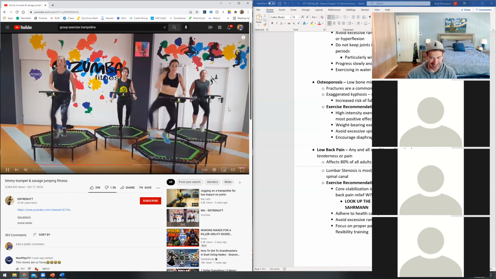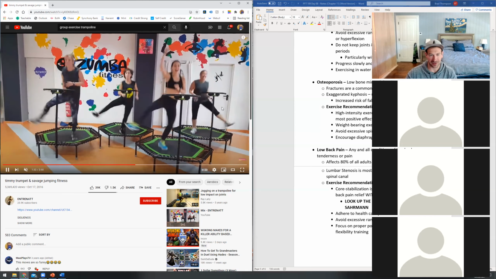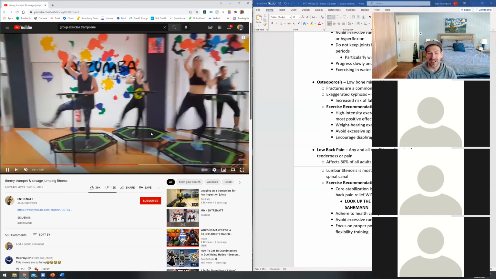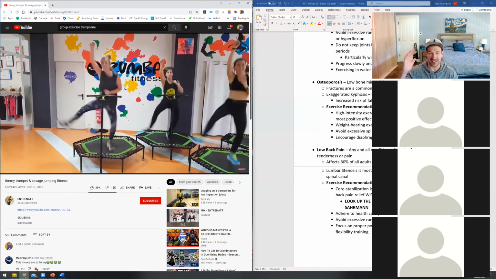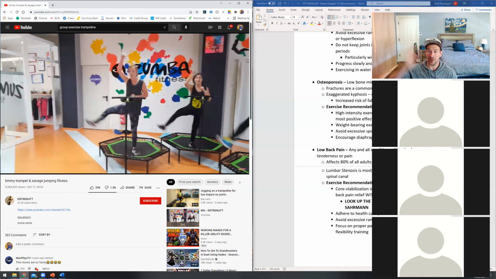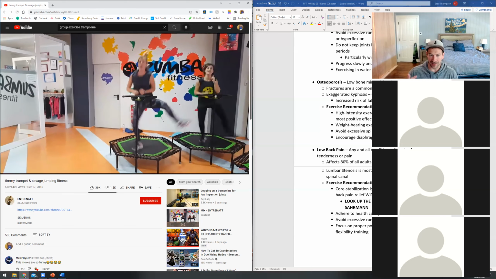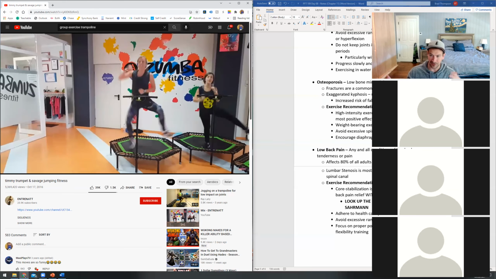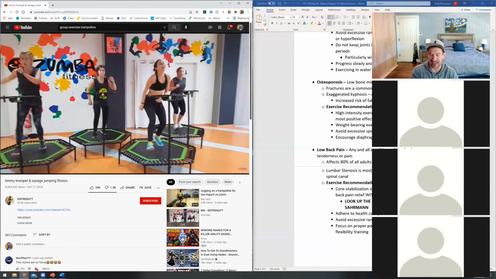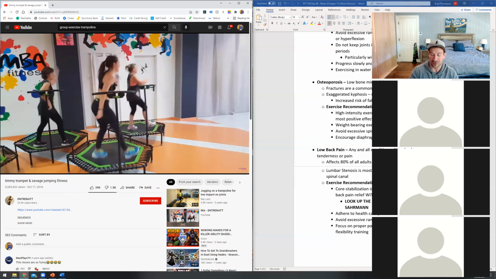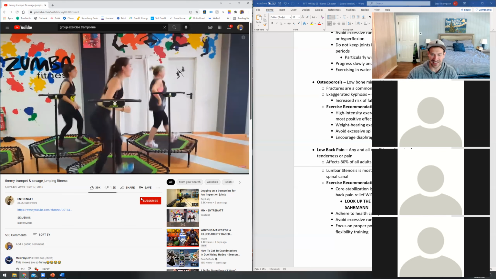And what's absolutely crazy, look at that, it's so goofy looking, is that they think the impact of going up and down moves fluid so rapidly through your body and pushes it around in different areas that it actually has a positive benefit. It can be something to do if your client has that disease.